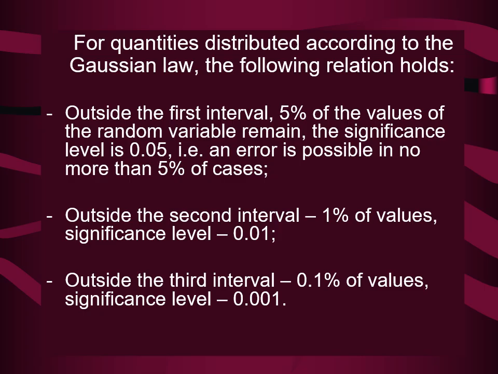That's how it should be interpreted. If the value is distributed according to a normal law, that is, if this symmetric distribution is observed, then for the first value of the confidence probability, for the first t, we can say that 5% of the values of the random variable will remain outside this interval.